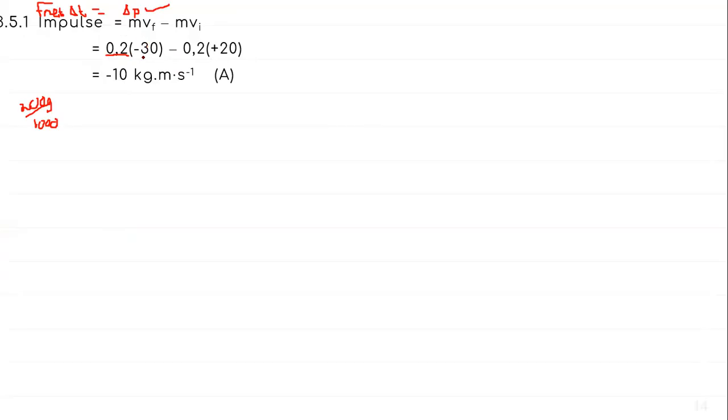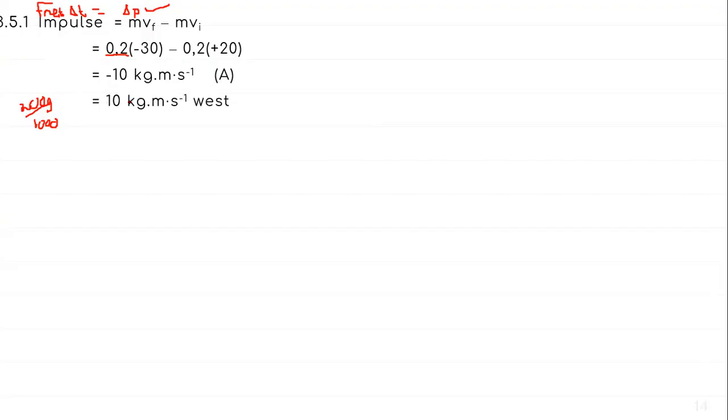Hence, the final velocity is 30 meters per second west, which is negative, minus the mass, it's still 0.2, times the initial velocity, which was east, is 20 meters per second. And remember, it is positive. Then we find our answer, which gives us negative 10 kilograms dot meter per second.